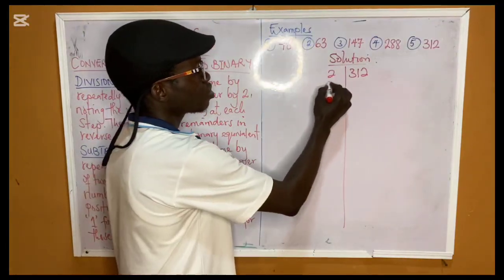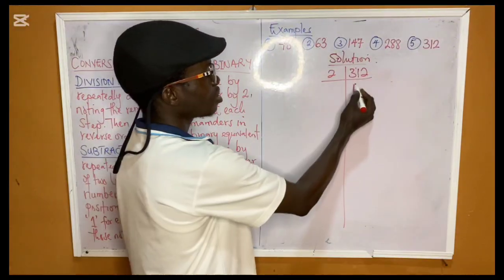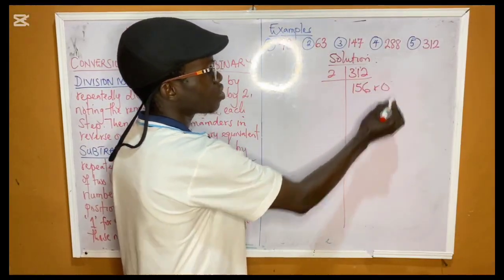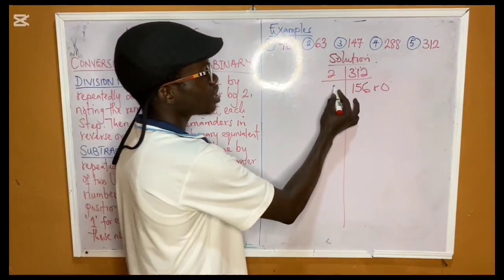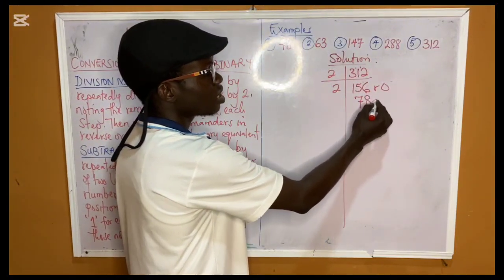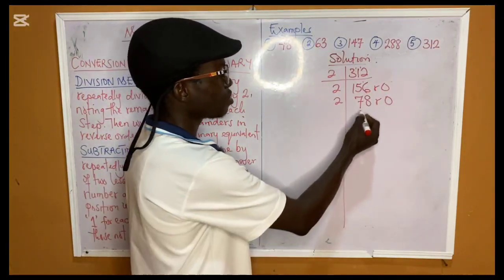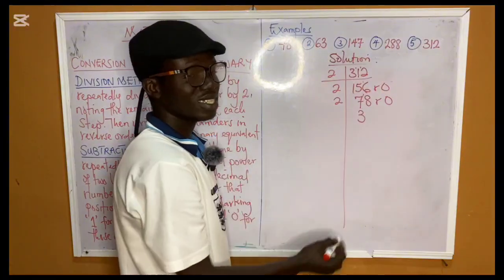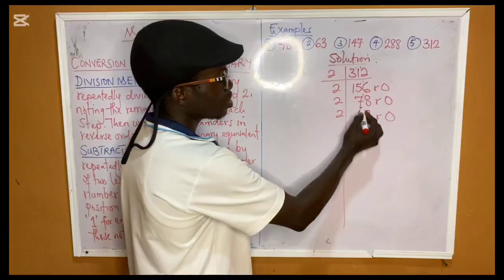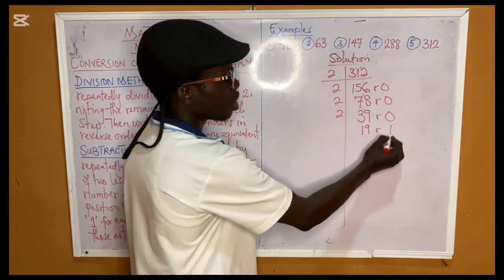We divide it by 2. 2 in 312, that is 156, remainder 0. 2 in 156, 78, remainder 0. 2 in 78, that is 39, remainder 0. 2 in 39, that is 19, remainder 1.